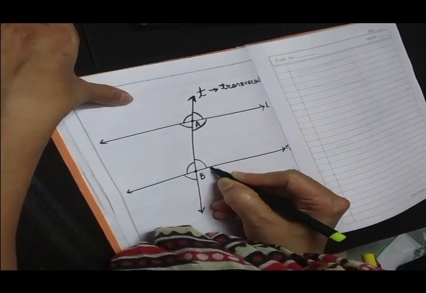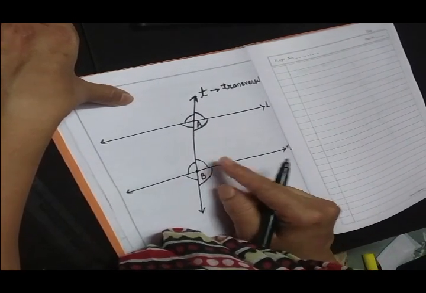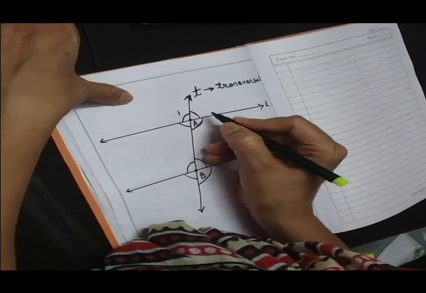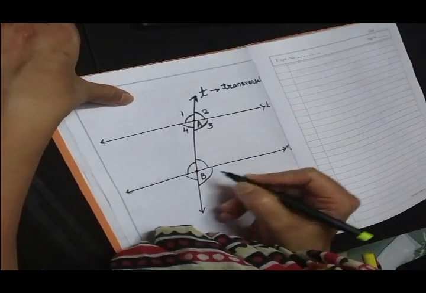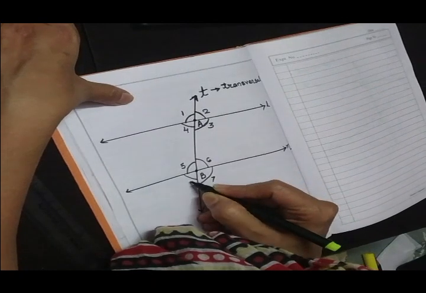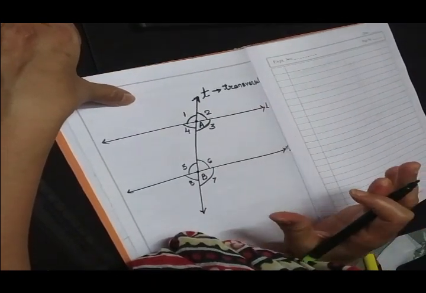Similarly, with the second line, again four angles are formed. So let us count them. 1, 2, 3, 4, 5, 6, 7, 8. So in all 8 angles are formed.